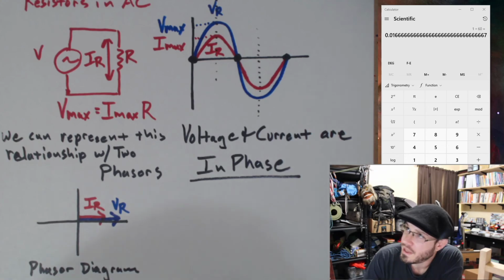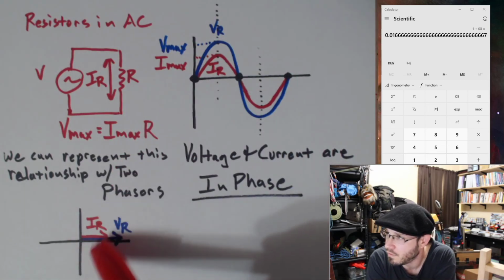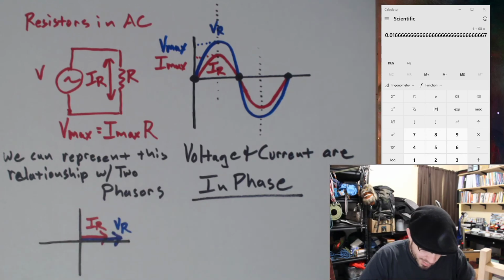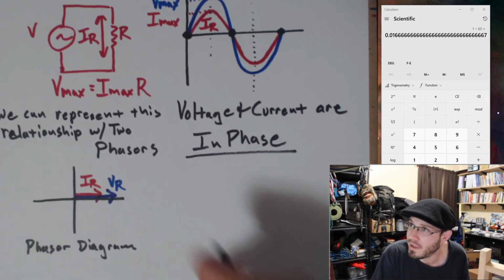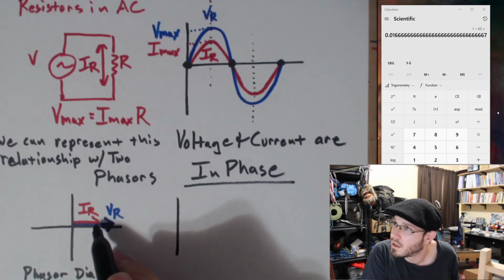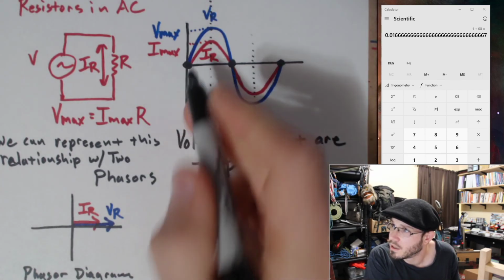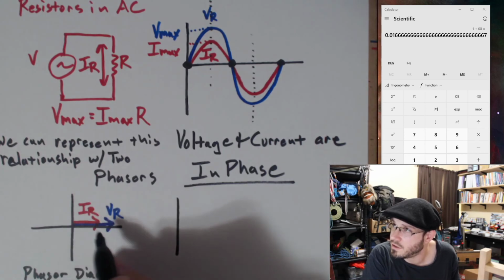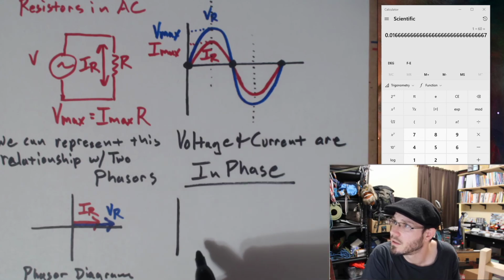And I started with the resistor because the resistor is the easiest to see. These are both in phase. And it doesn't matter where I draw that moment in time. Over here, this point I used at our zero crossing. So this is the phasor diagram for here and here and here.